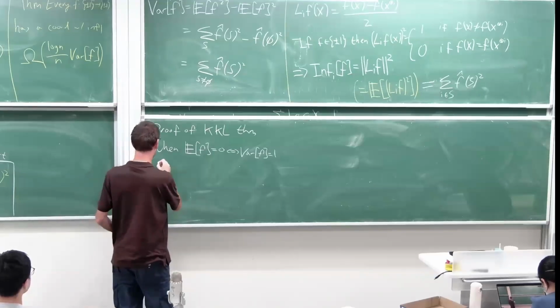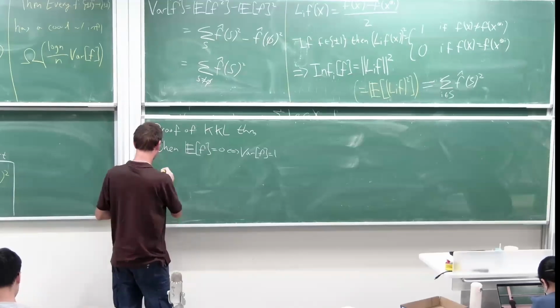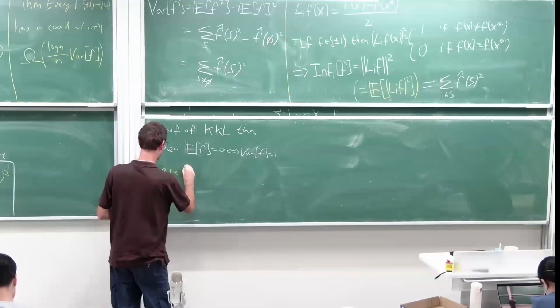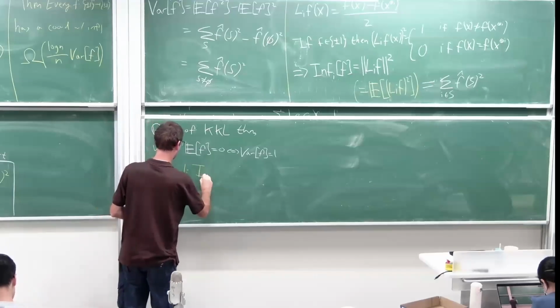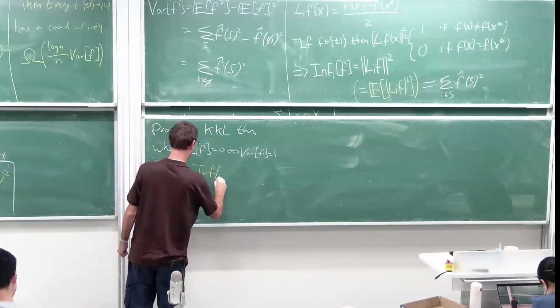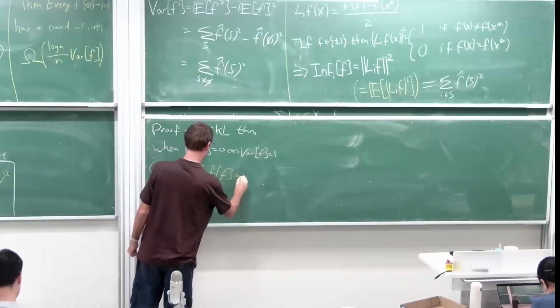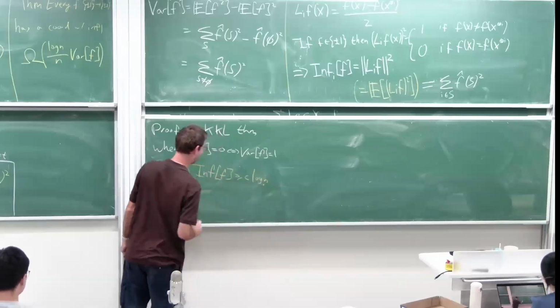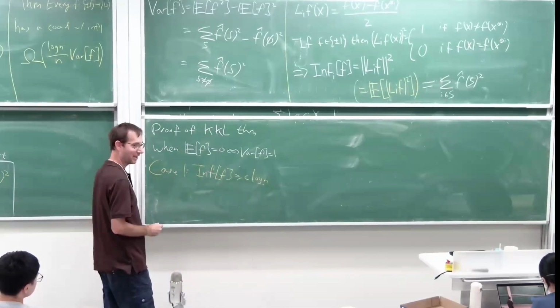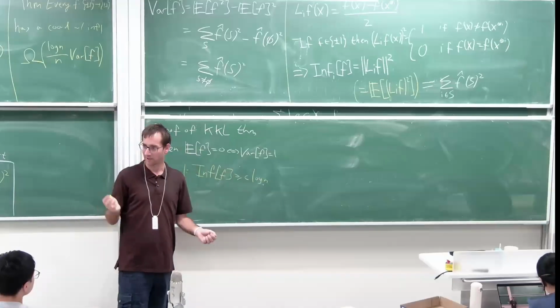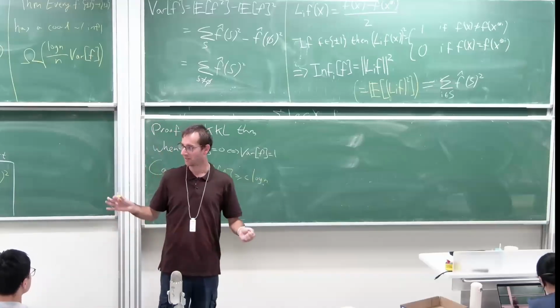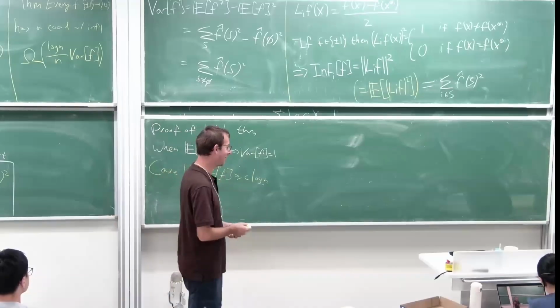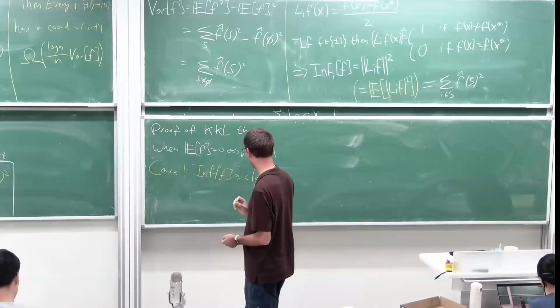So case one: the influence of f is at least c log n, where c is a suitable constant. Which you can optimize and then get some better parameters, but I've never seen it done. So we really don't care about constants usually.